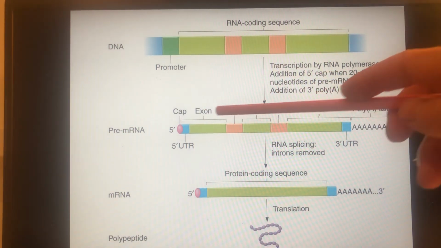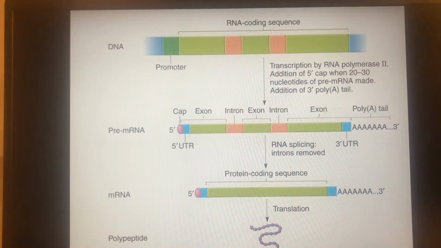And then you see these words, exon and intron. Exon is the part of the gene that is, we say, expressed, and it gets to exit the nucleus. Intron, with the I, is the part of the mRNA that gets removed.